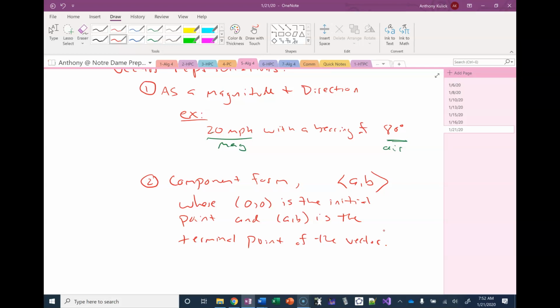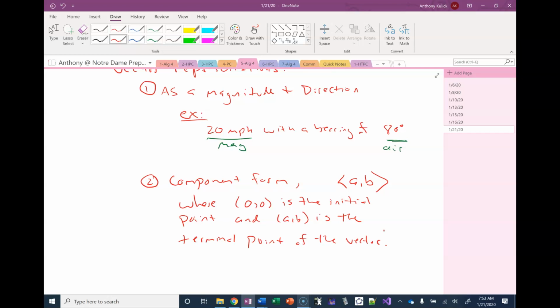So in component form, we're assuming the initial point of my vector is 0, 0, and the terminal point of my vector then is the coordinate point AB. So in this chapter, it's going to be very important that we're using our notation correctly.